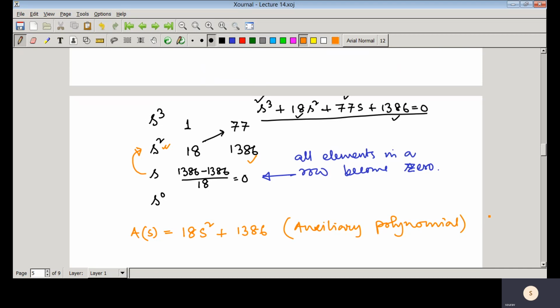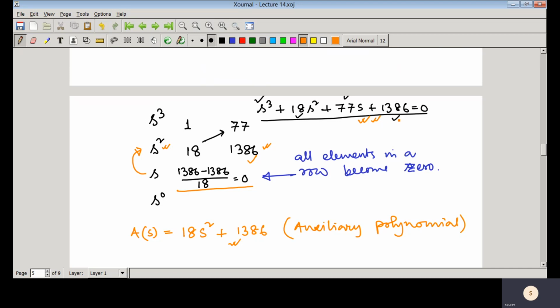Interestingly, it is found that whenever a particular row of a Routh table becomes 0, and we form an auxiliary polynomial like this, this particular polynomial is one of the factors of the original polynomial.